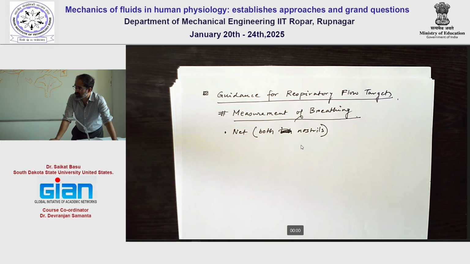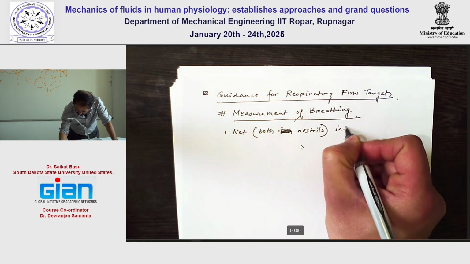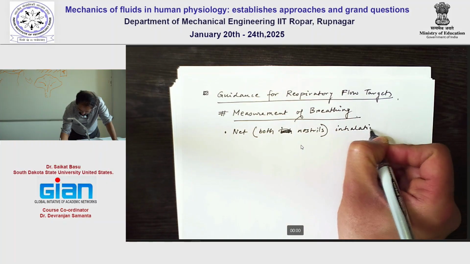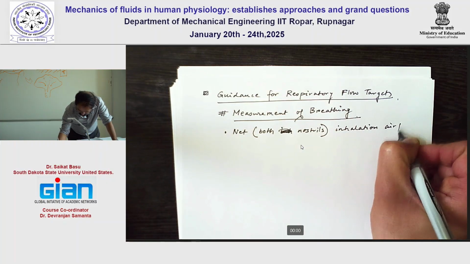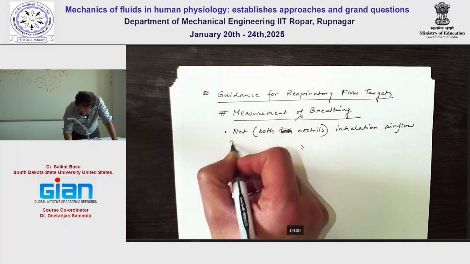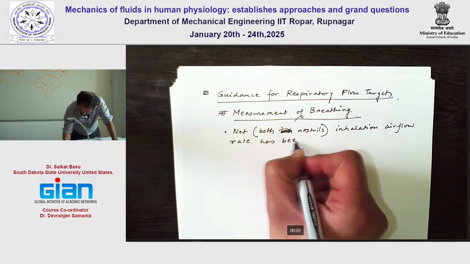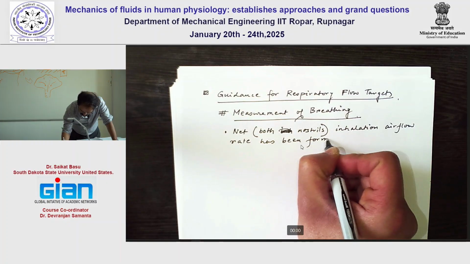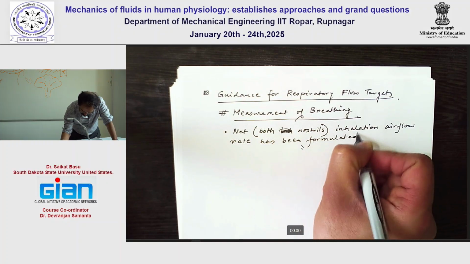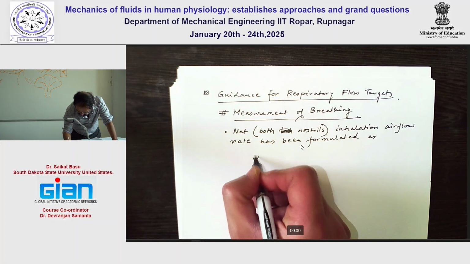We are simulating the air going through both the nose. It's not like one is holding one side of the nose. So the net inhalation airflow rate has been formulated as so V dot.